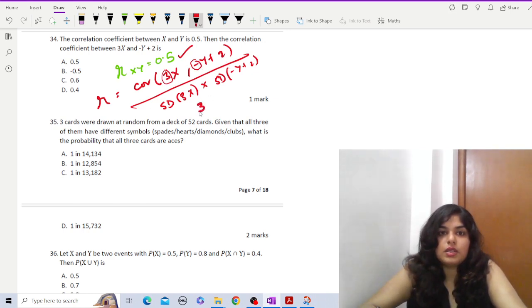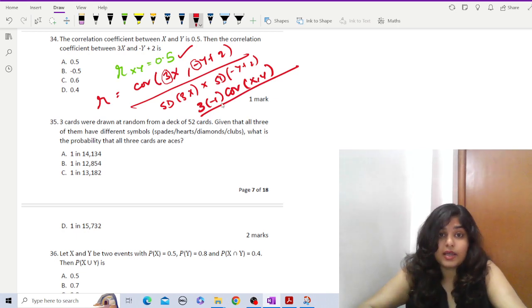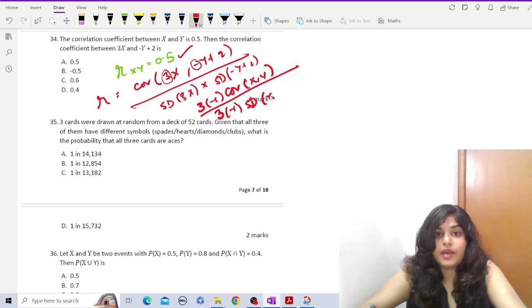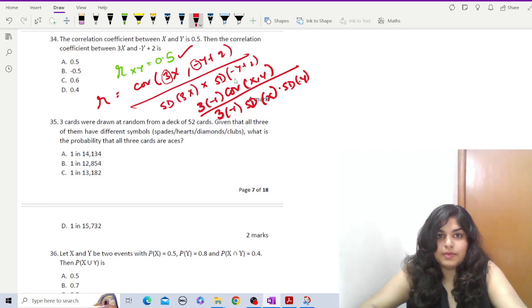So this is 3 into minus 1 into cov of x comma y divided by, again, 3 into minus 1 sd of x into sd of y. Because this is sd here, of course we are going to take 1 square. Root of 1 square is 1, just 1.